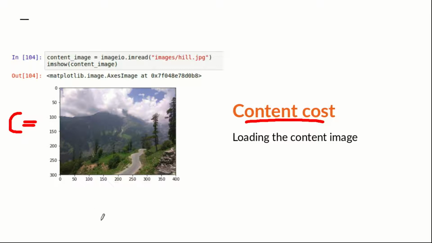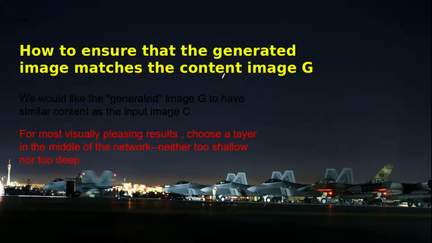How do you ensure the generated image matches the content of the image C? The layers of a convolutional network tend to detect low-level features such as edges and simpler textures in the shallower layers, and the later layers tend to detect high-level features such as more complex textures as well as object classes in the deeper layers.